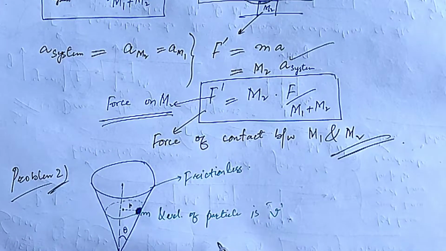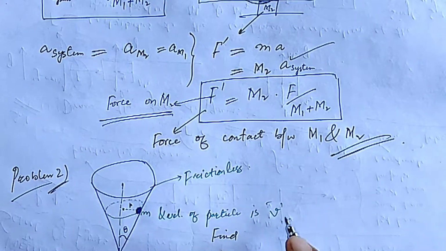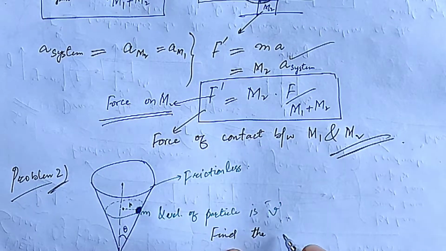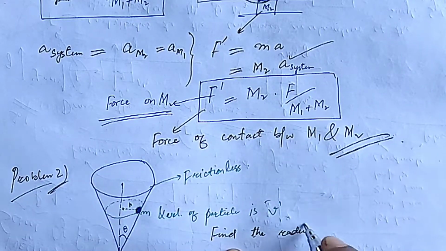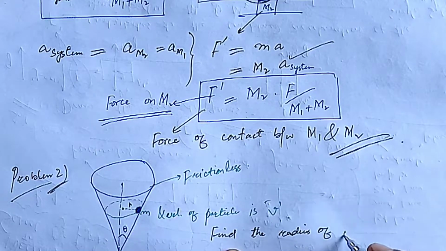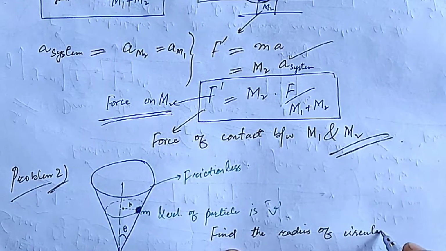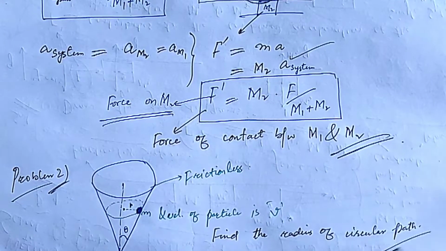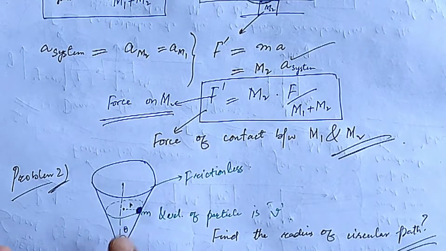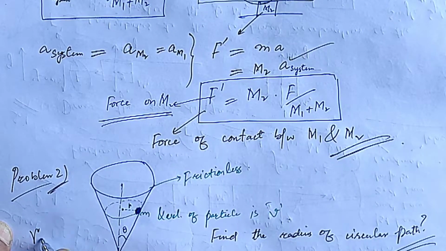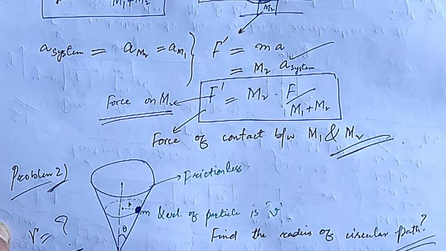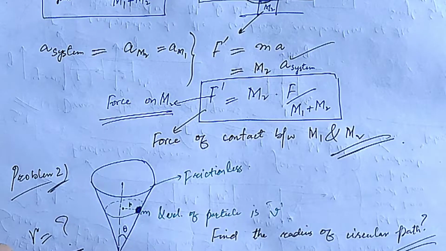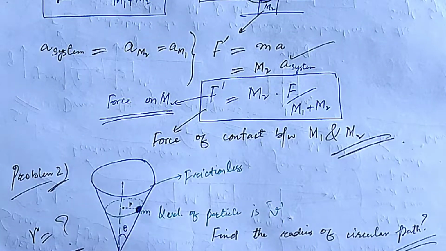We have to find the radius of the circular path in which the particle is set in motion. So we have to find this r. R is unknown here.